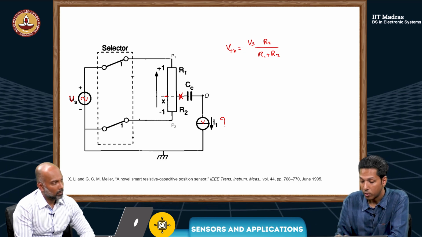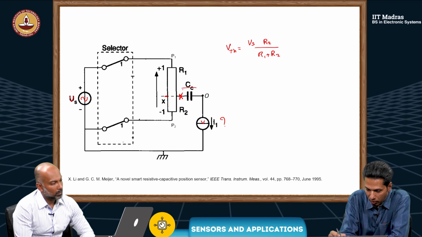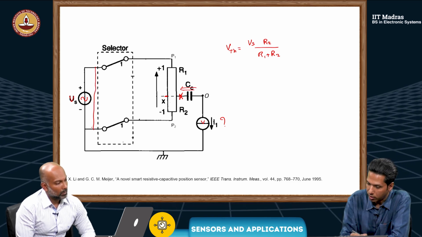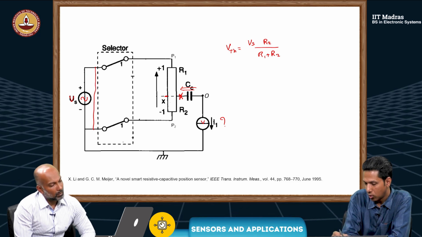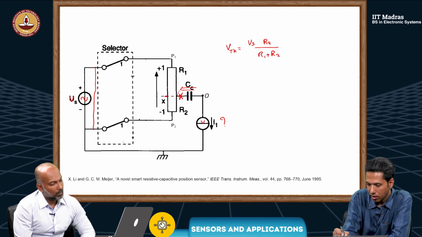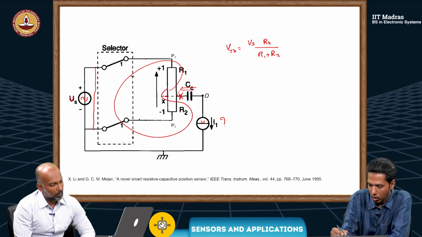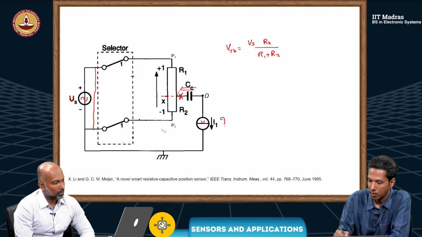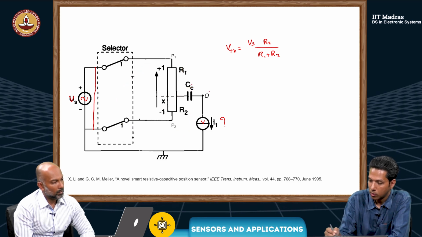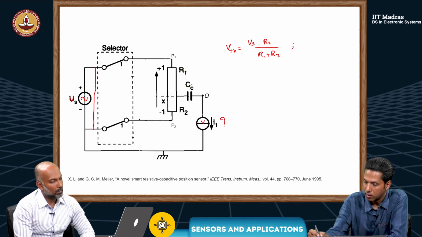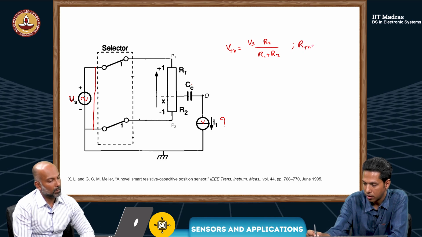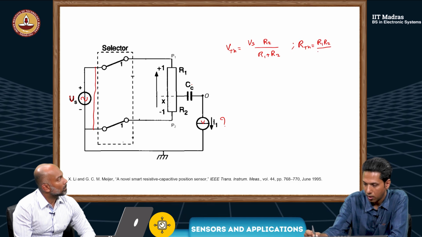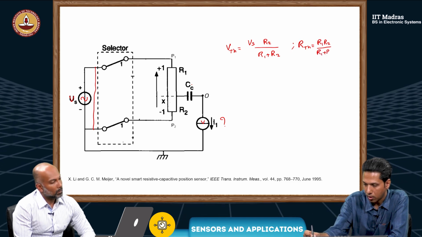Now, for the Thevenin equivalent resistance, I look from here with the source short circuited. What we see here is R1 and R2 in parallel. So RTH is R1 R2 by R1 plus R2.